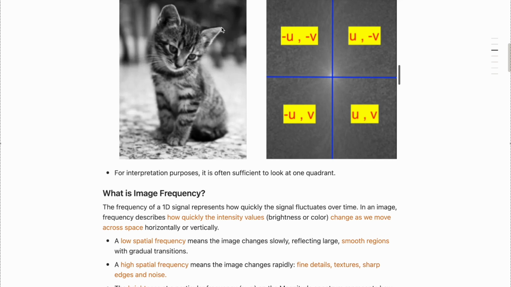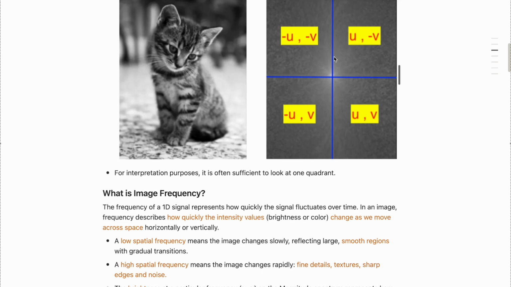For example, along the edges, we go quickly from bright to dark, and along the details, for example, around the eyes, the whiskers, all these stripe patterns, they represent quick transitions in intensity. For example, here the horizontal stripes correspond to a rapid transition in vertical frequency, and we would see that showing up as bright spots along the vertical axis over here.